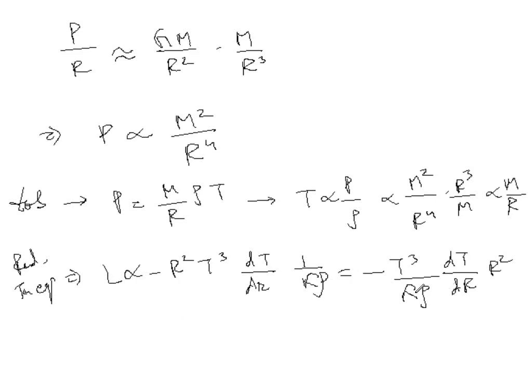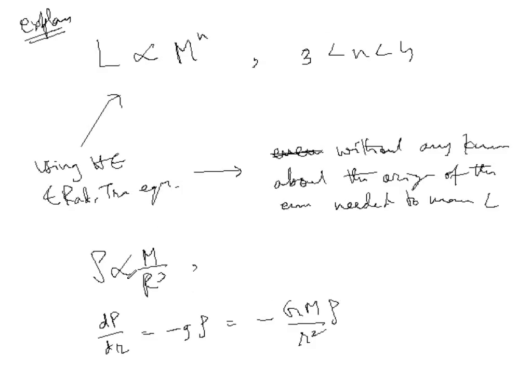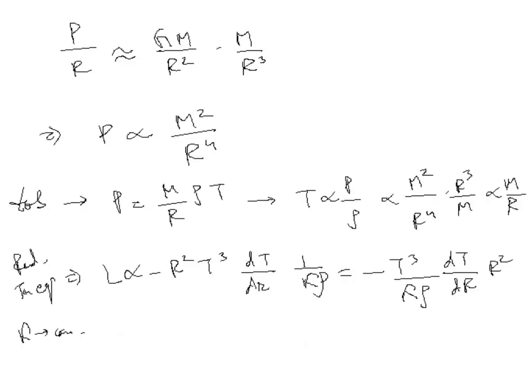Now assuming that kappa remains approximately constant, then using the density form and T proportional to m by r, we will finally get L proportional to m cubed by r cubed by m by r squared into r squared.